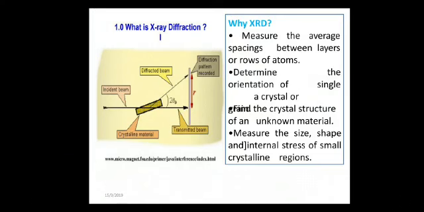When the geometry of the incident X-rays impinging on the sample satisfies Bragg's equation, constructive interference occurs and a peak in the intensity occurs.